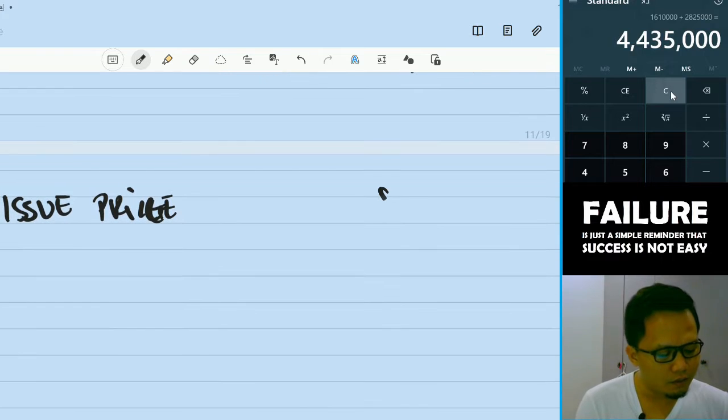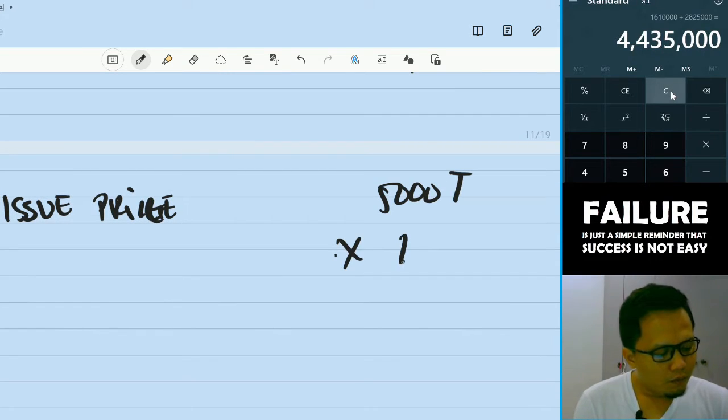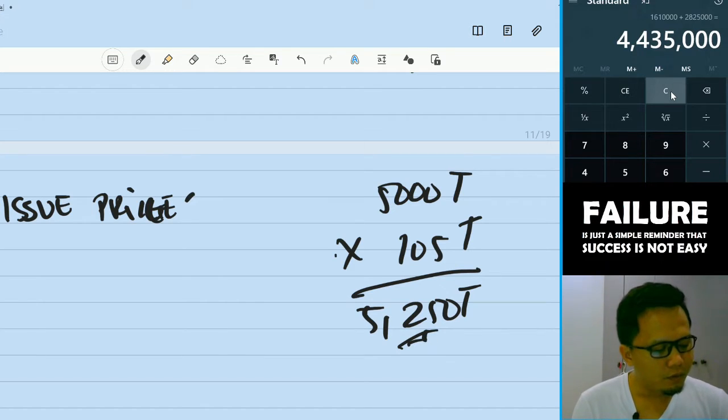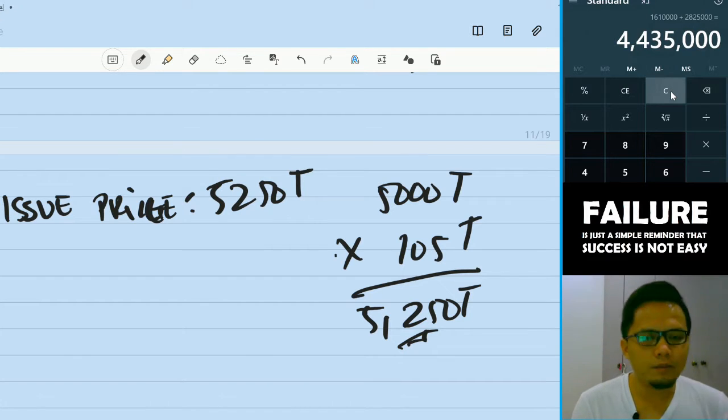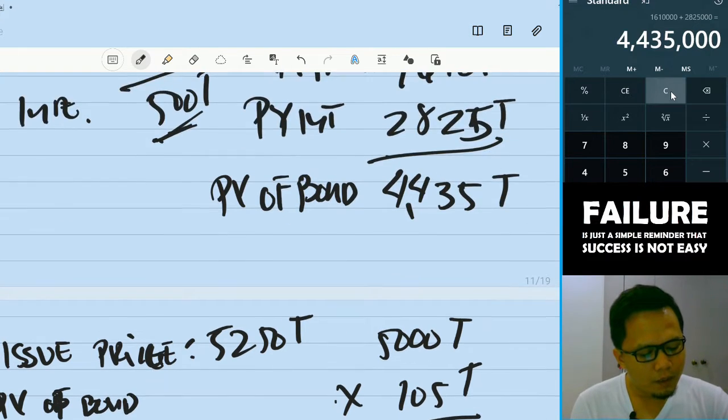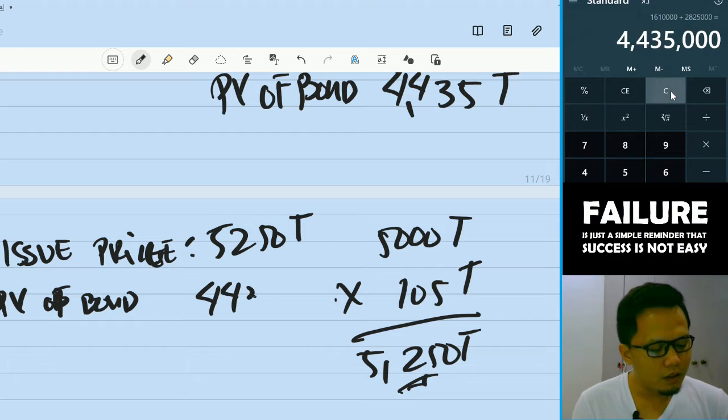So the issue price will now be allocated. The issue price of 105 is equivalent to 5 million times 105, so that is 5,250,000. Present value of the bond payable is 4,435,000.